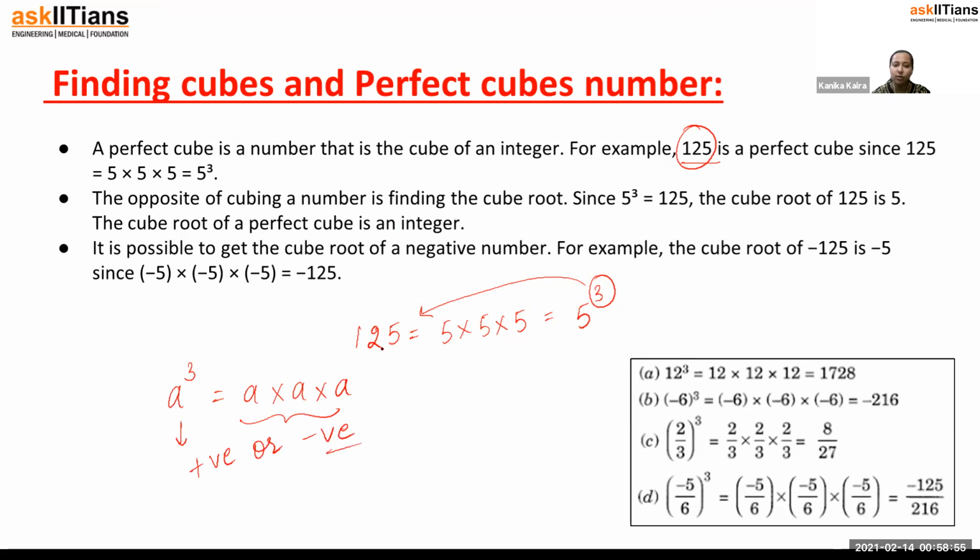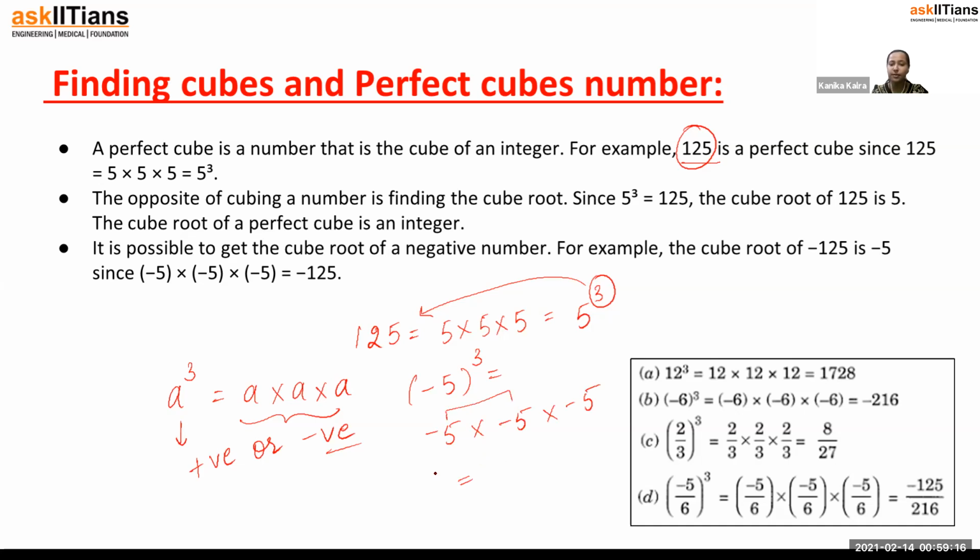So if we talk about the cube of 5, that would be 125. And if we talk about the cube of minus 5, for example, so minus 5 whole cube would be minus 5 into minus 5 into minus 5. We all have done the integer multiplication.